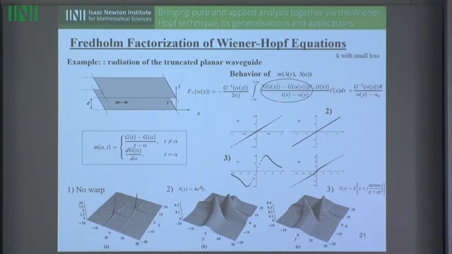In this slide, I'm showing the picture of the kernel in two variables, x and y, after performing contour warping and without contour warping. If you do not perform contour warping, you get this, so you have a very singular shape of the kernel near the branch points.